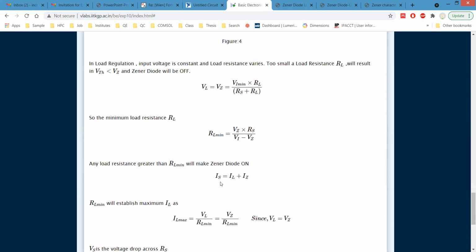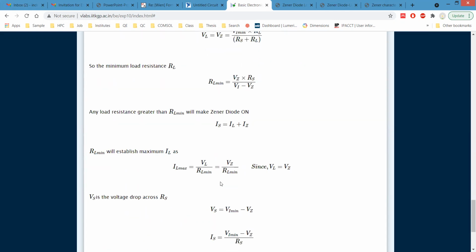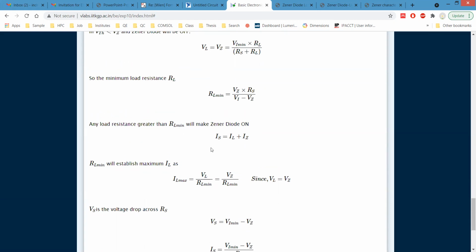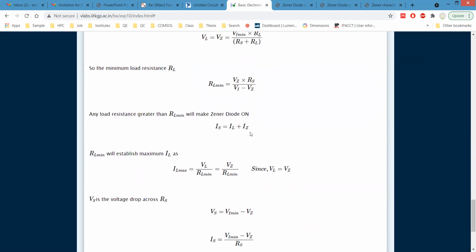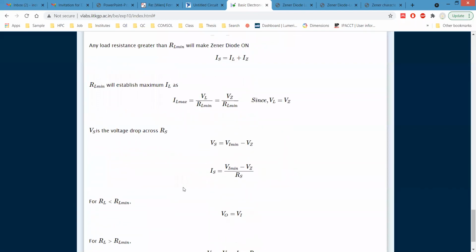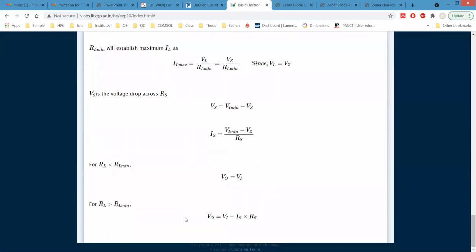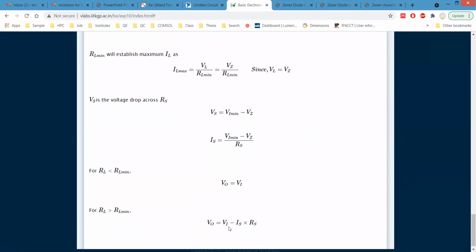So in this case, your total source current is the summation of load current and Zener current. And if we put this value, then you will have the final value of output voltage, that equals Vi minus Is into Rs.